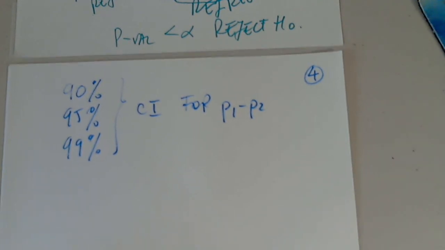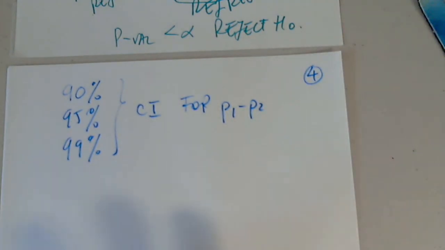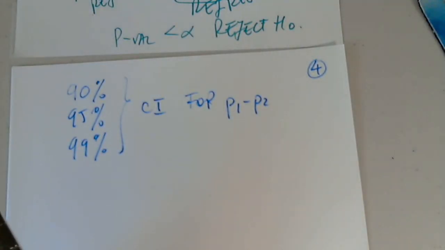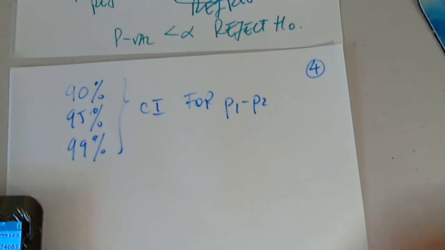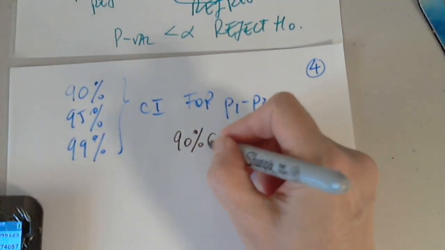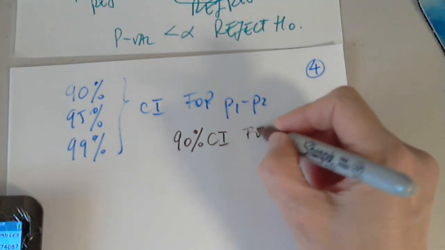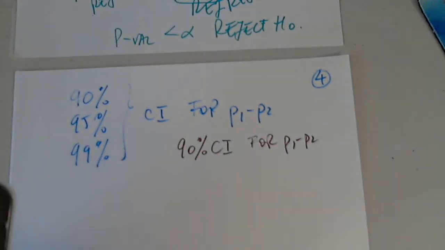Choose any of them, because I want to show you how to create the confidence interval. Which one will you want to conduct? 90. 90, perfect. So for the given information that we have right now in our calculators, we want to find a 90% confidence interval for P1 minus P2. And we have everything in there.